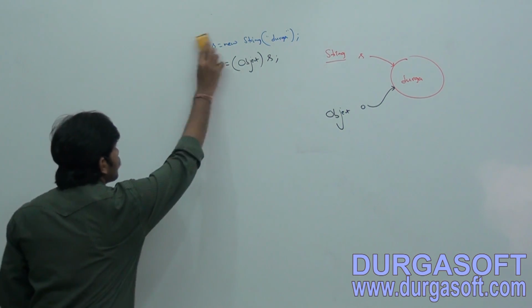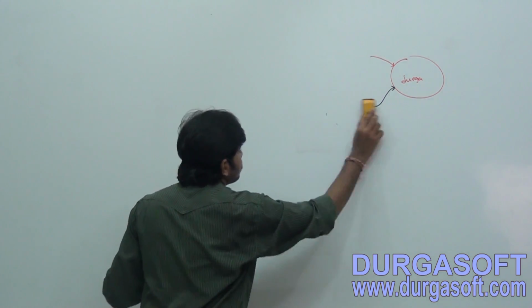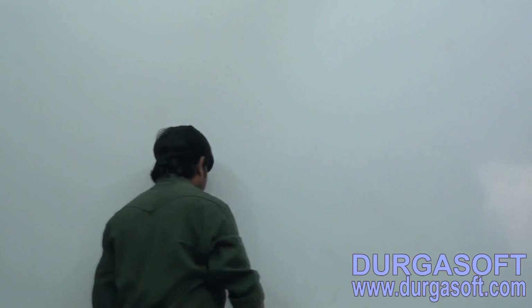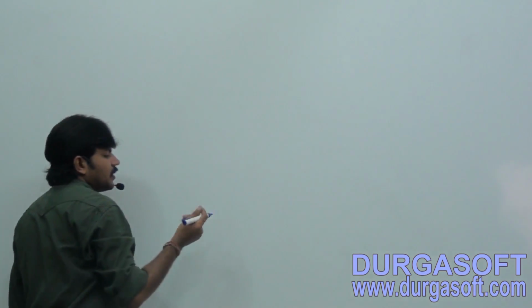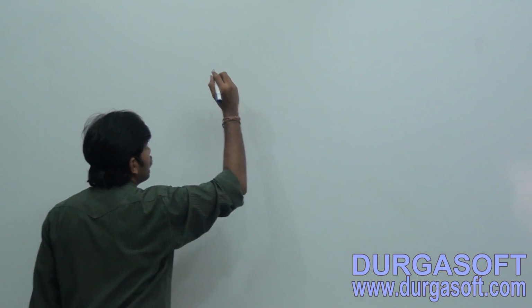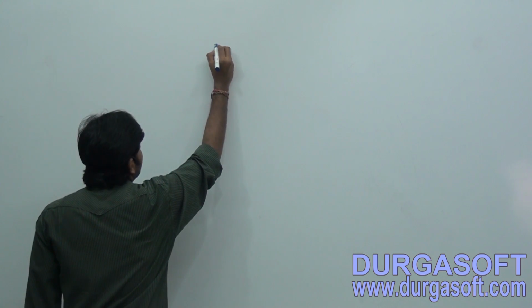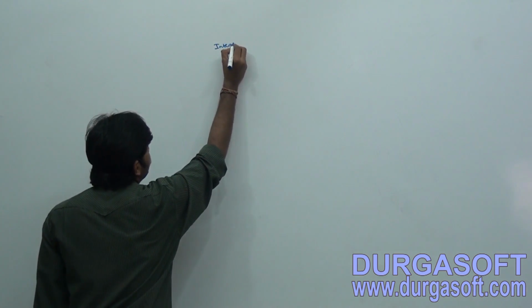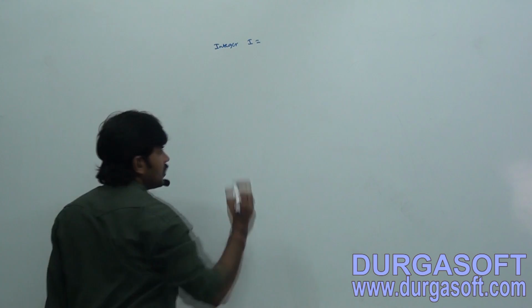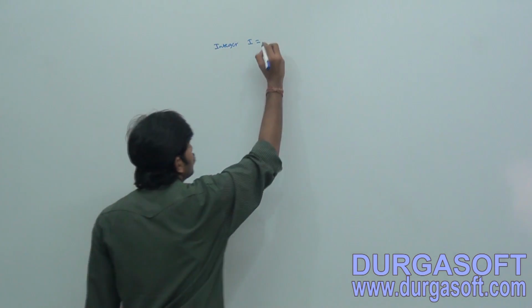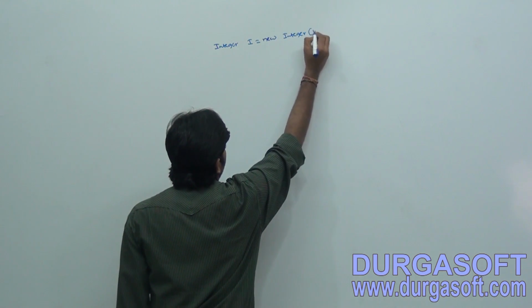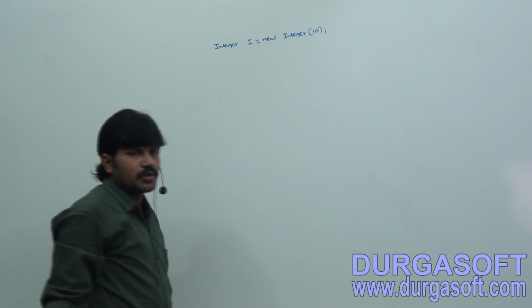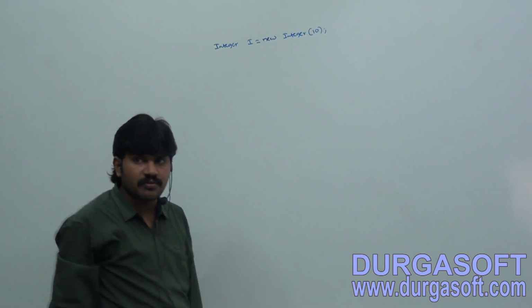Example 2. Let me go for one more example. Here I want to convert. I have one Integer object: Integer i = new Integer(10); Sir, which object is there with me?